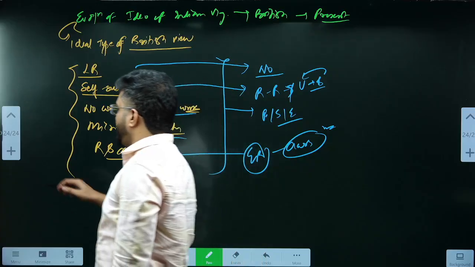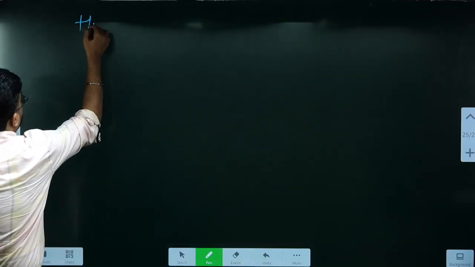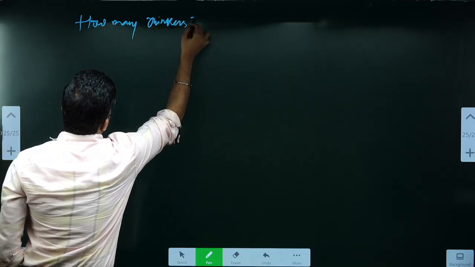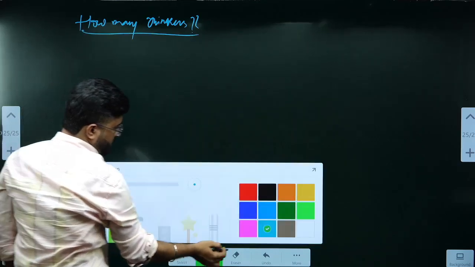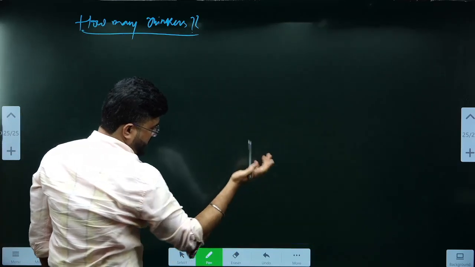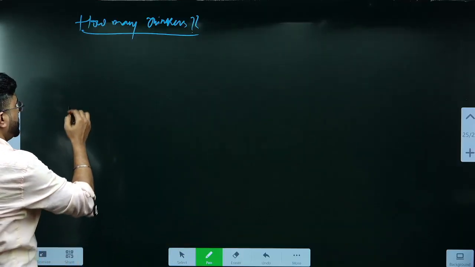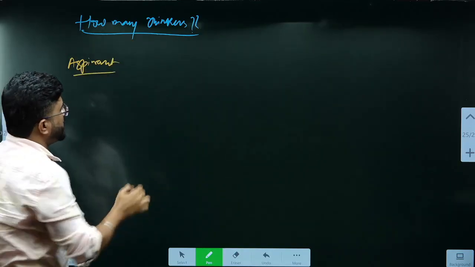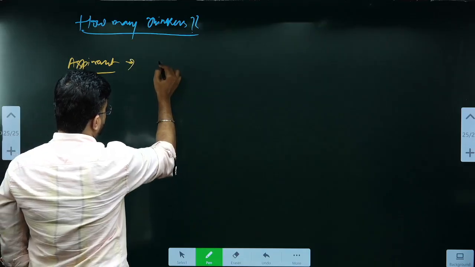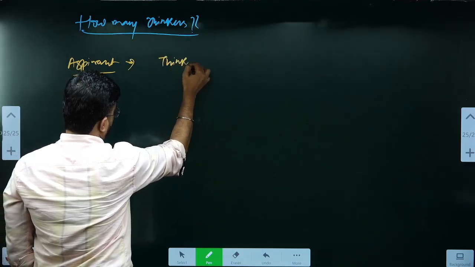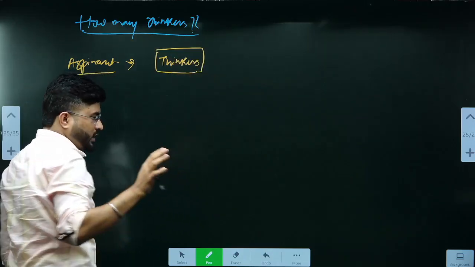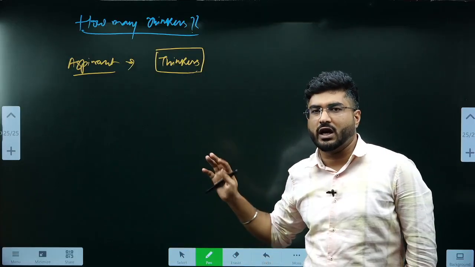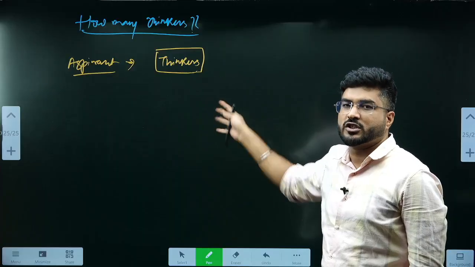Then the question comes about how many thinkers we need to remember. This is my personal experience: there is one aspirant view and there is a view held by UPSC. Aspirants always think about giving as many thinkers as possible in their answer sheets, without conceptual clarity about the concept or about which thinker is relevant for this particular concept.